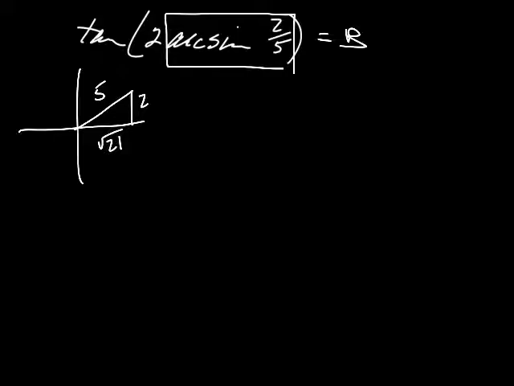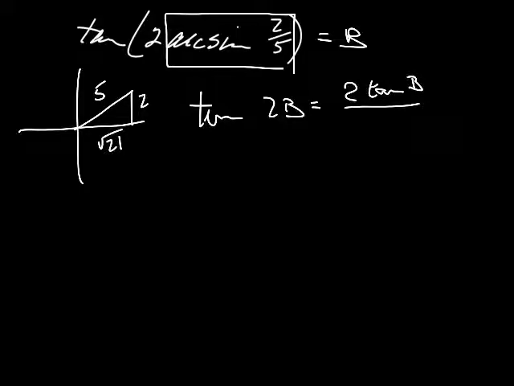So that's an angle. So I'm going to rewrite this then as tangent of 2B. 2 times whatever angle that is. And remember, we have a double angle identity that looks like this. This is from section 5.5.